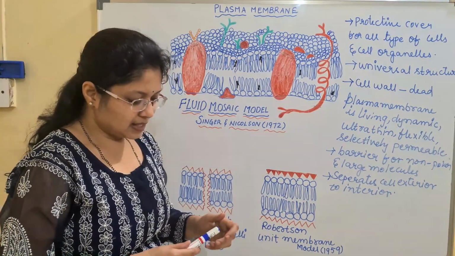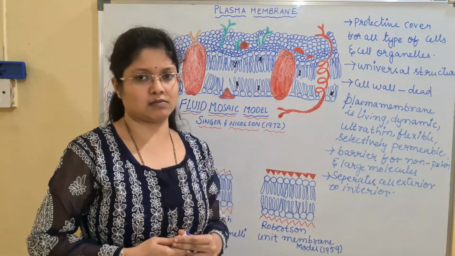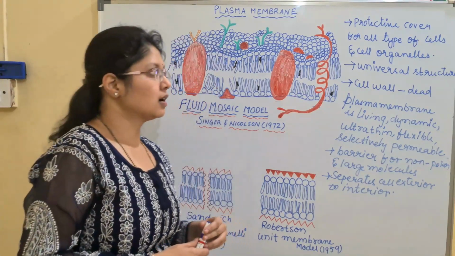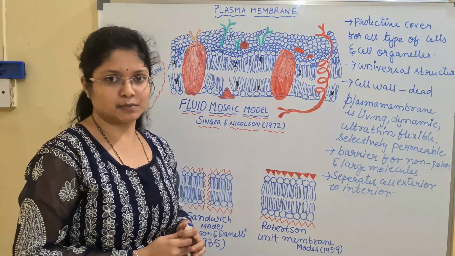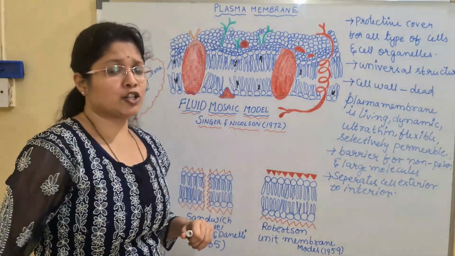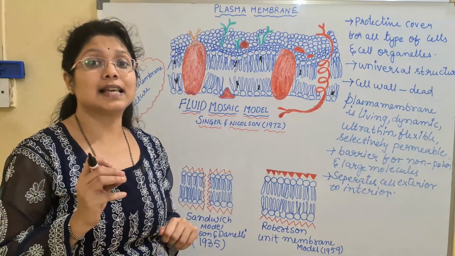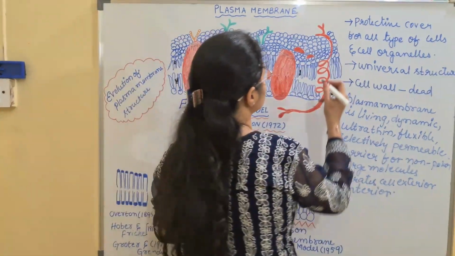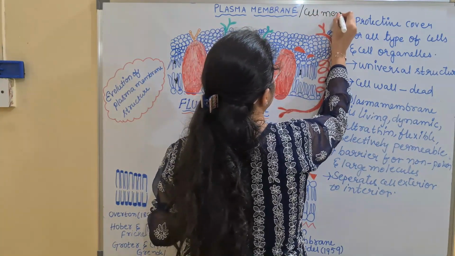Next, the plasma membrane is known by different names. Generally there are other terms which are given to the plasma membrane. Let us see the terms here. The plasma membrane is also known as the cell membrane.